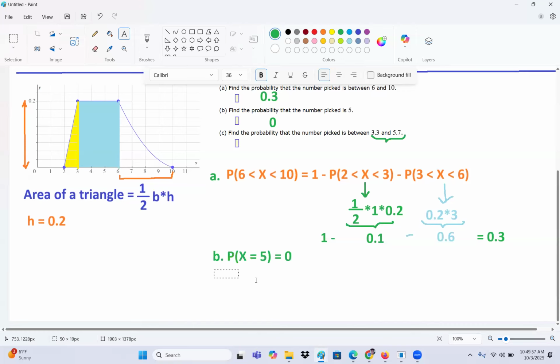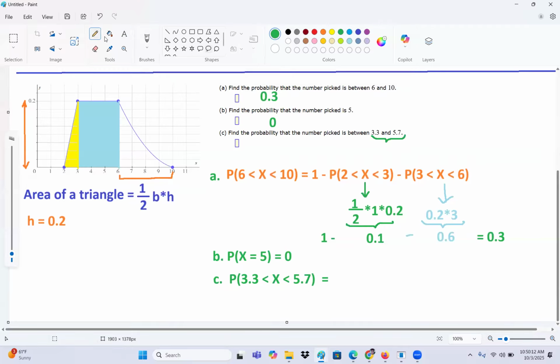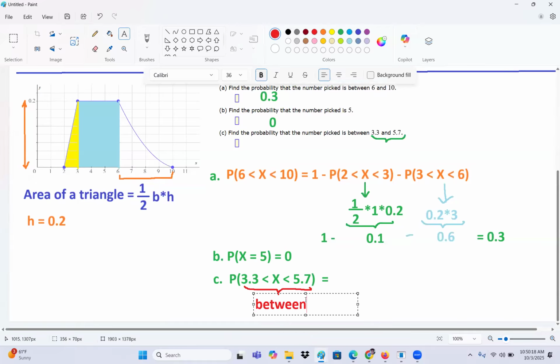For part C, we need to find the probability between 3.3 and 5.7. So this is between the rectangle that we have for those points.